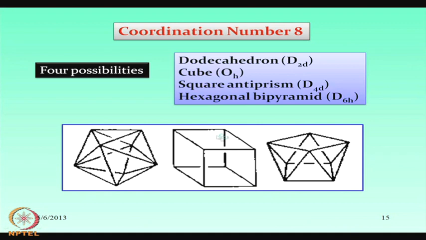Like this face, you have 6 square faces in a cube structure. Here 2 of them are square faces, but the others, 1, 2, 3, 4, 5, 6 of them, are trigonal faces. So, 6 plus 2 is again 8 faces, but our face number is also changing when we move from a cube to a square antiprism.